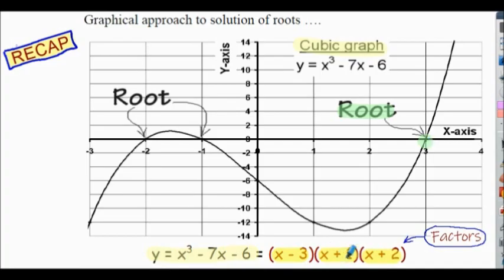The factor x plus 1 equates to a root of negative 1, shown here. And the x plus 2 factor equates to a root of negative 2, here. Again, note that the negative 3, the positive 1, and the positive 2 are all factors of the negative 6. Negative 3 multiplied by positive 1 multiplied by positive 2 is negative 6.